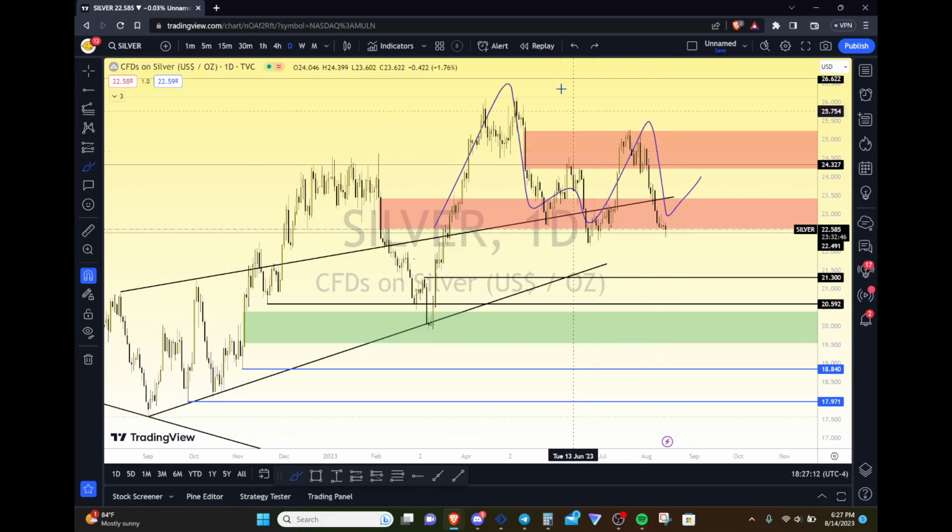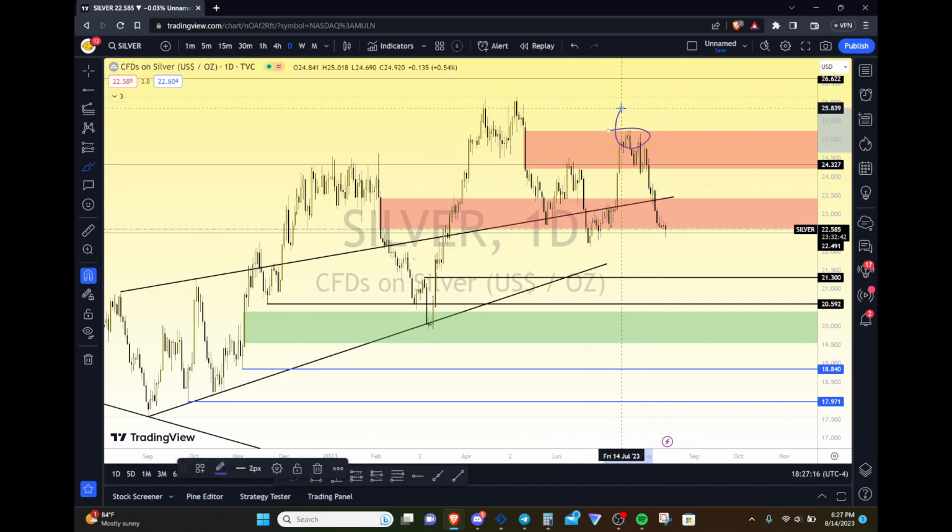But I do think the probabilities are pretty good that we don't take out this high if we're going to stay relatively bearish for the next couple of months or so, and then look for lower levels going back down to like 21.3, really back under these low pivots here and back towards this imbalance and that low pivot down here ultimately.